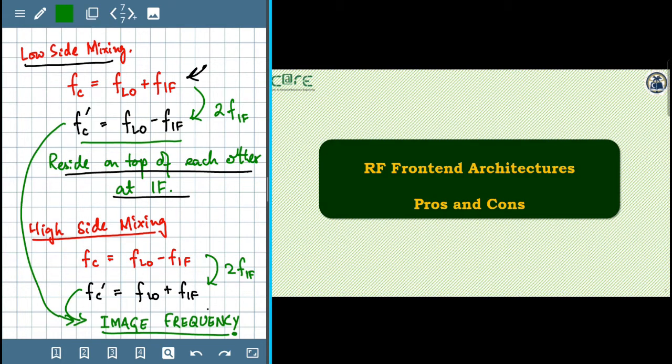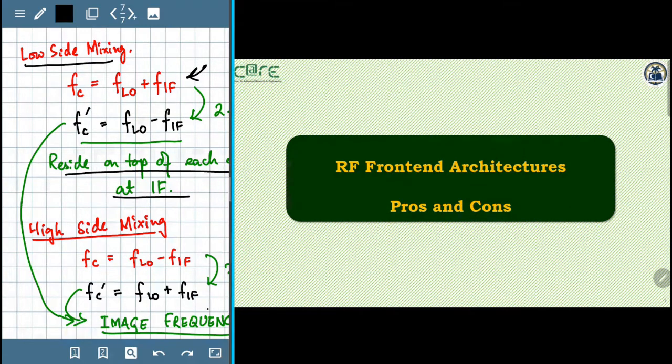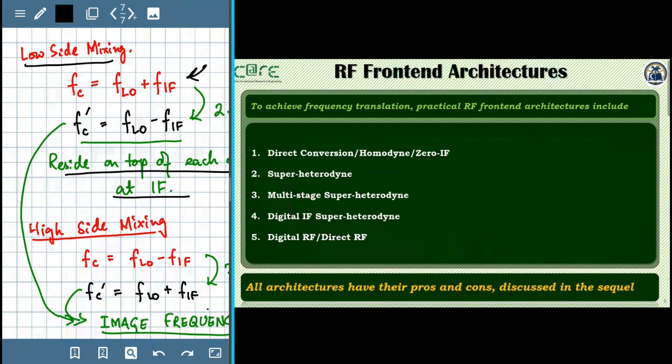Now let's have a look at the various practical RF front-end architectures and what are their pros and cons. We are basically going to have a look at 5 RF front-end architectures. The first one is conceptually the most simple and straightforward.